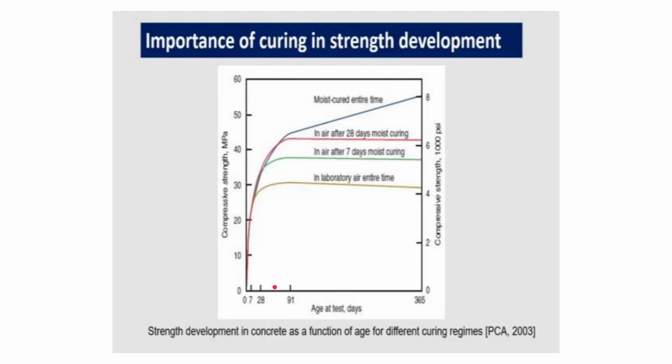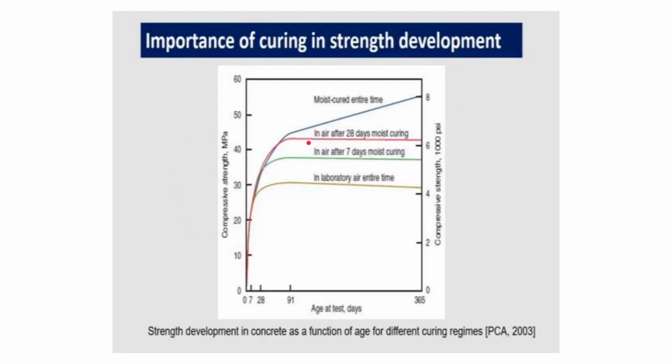As you can see, for the case where the concrete is moist cured, it develops the maximum strength and it goes on increasing even after 28 days. Even after 1 year, it is still increasing.